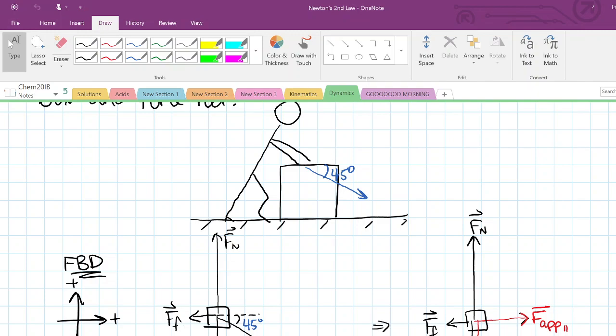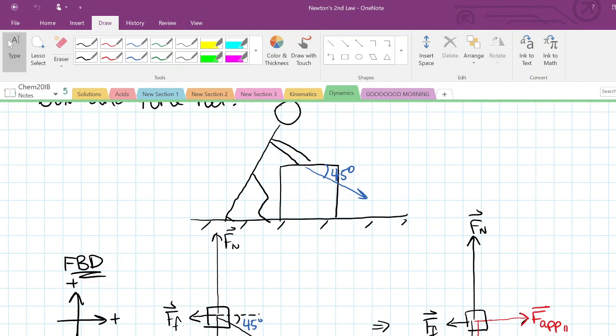Well, what's happening specifically is that because this applied force is being applied at this angle of 45 degrees, this applied force actually has a horizontal component and a vertical component.